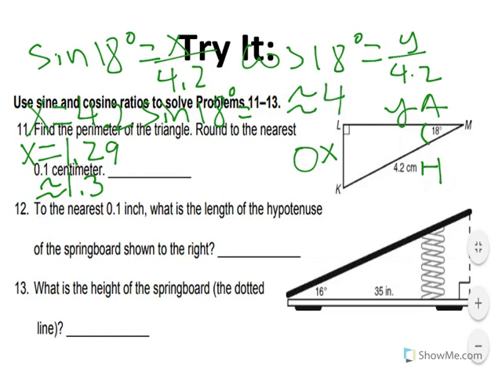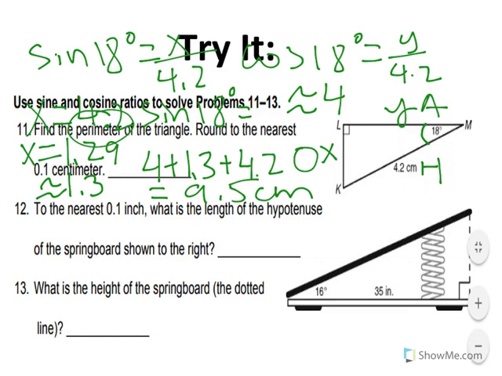Then we're looking for the perimeter, so it will be 4 plus 1.3 plus 4.2. So then the perimeter is 9.5, and this is in terms of centimeters.